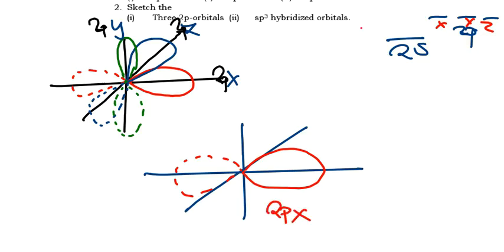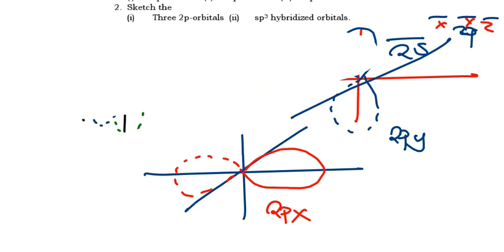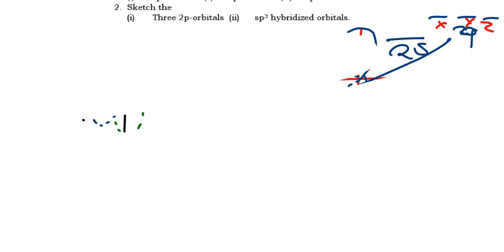Then I draw another diagram and show the y. Of course, I'm supposed to show the other axes, so I'll call it 2py, and then the other one, draw it along the z-axis. Then you've shown the three 2p orbitals. Okay, so you've seen that they are all based on the shape of the p orbital, right? Because these are the p orbitals.